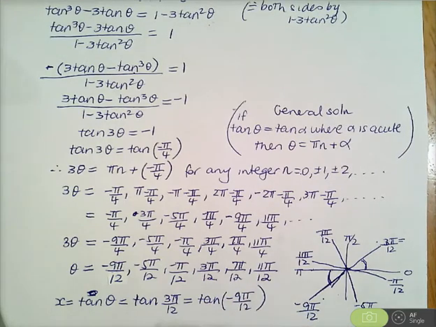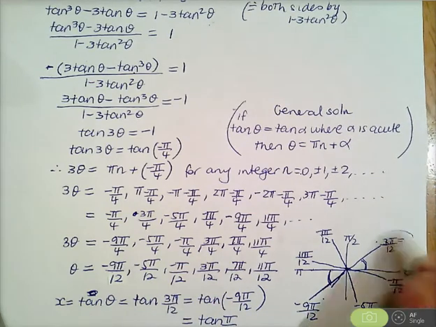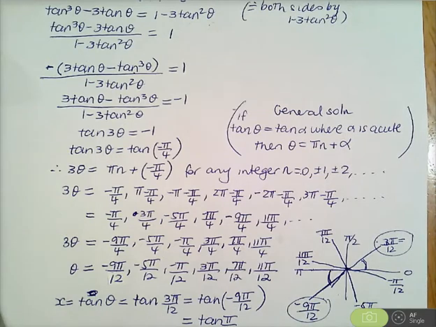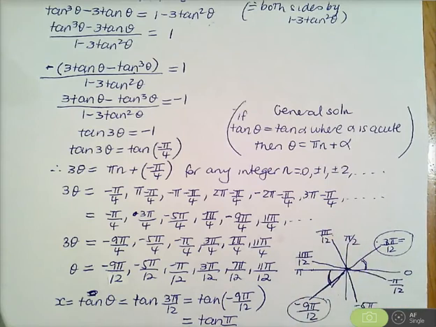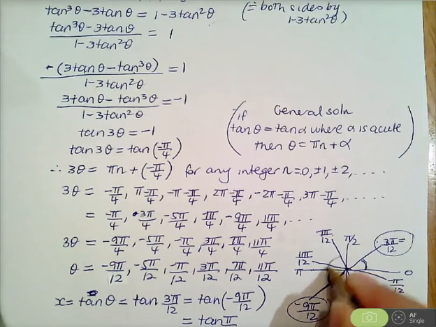So you only need one of those solutions. So just to simplify it, it's tan of pi on 4. So that's one of my solutions. The next one I'll look at is tan of 7 pi on 12. Now the acute angle here would be 5 pi on 12.